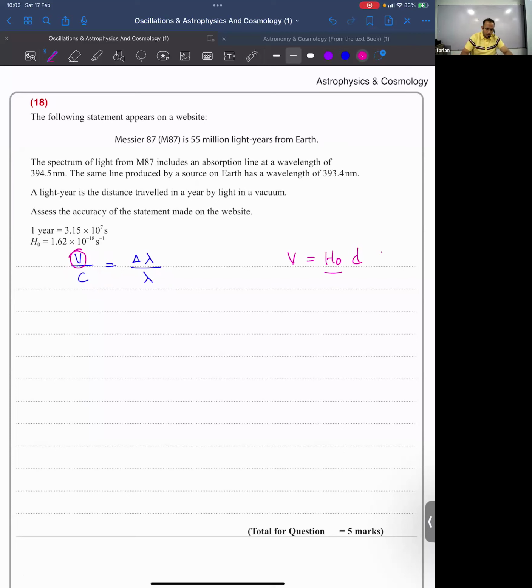And since you know the H naught and you know v, you can find the distance. You will be getting the distance in meters, convert it back into light years, and see whether it is 55 million light years. Okay, can you start doing it?